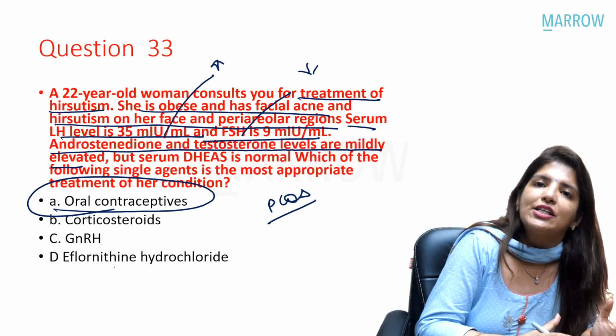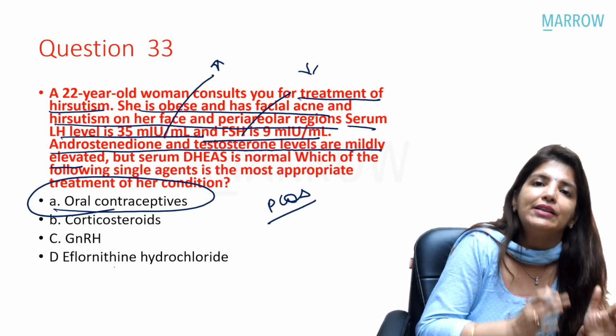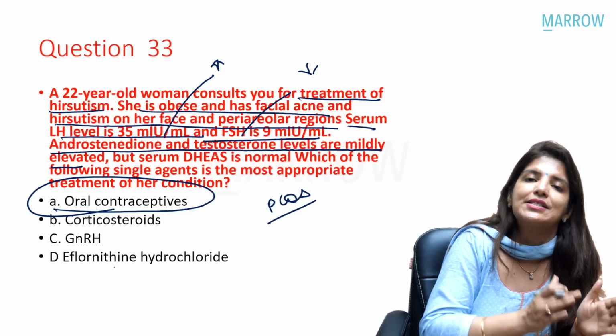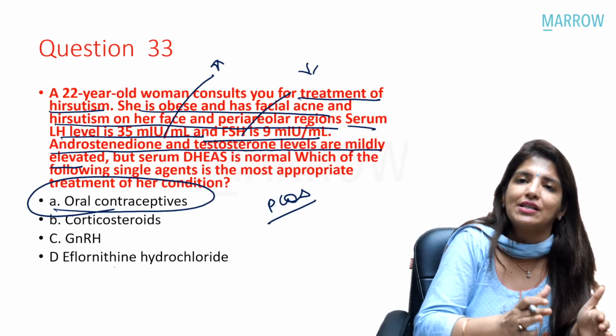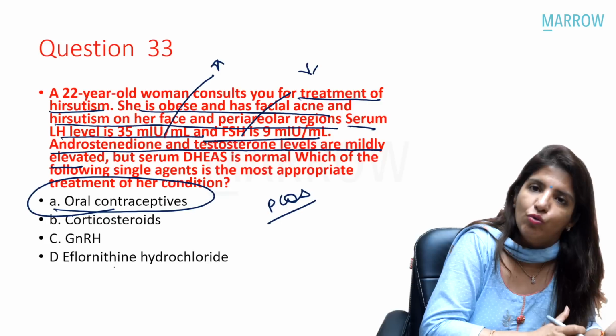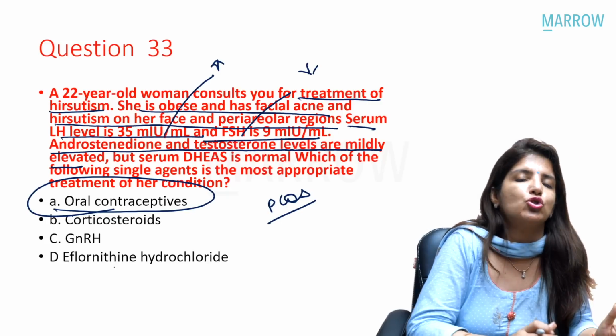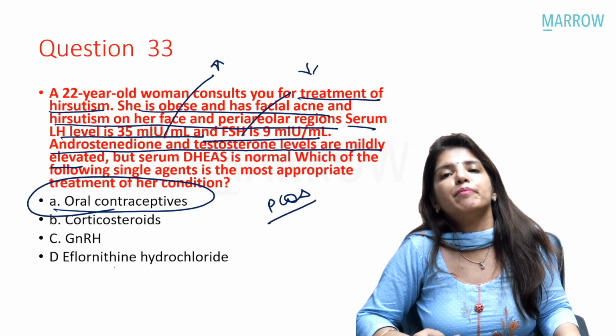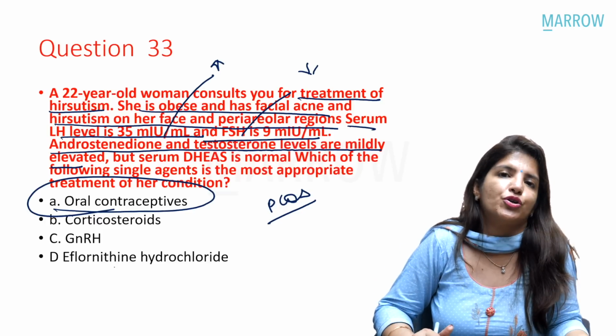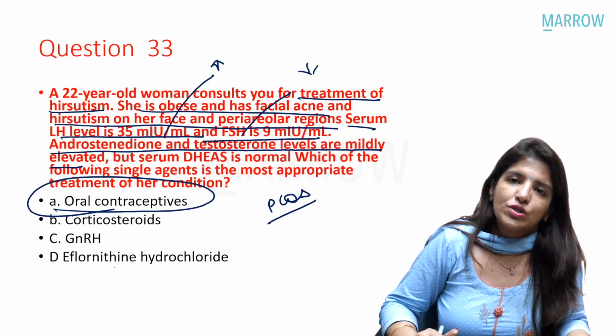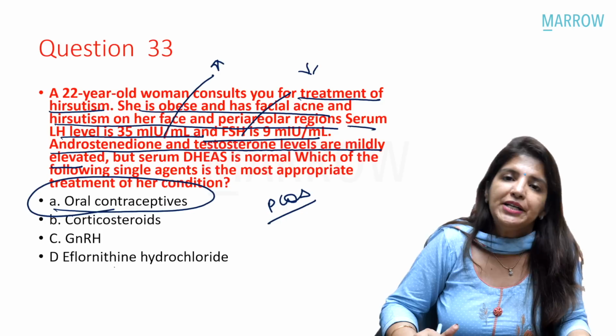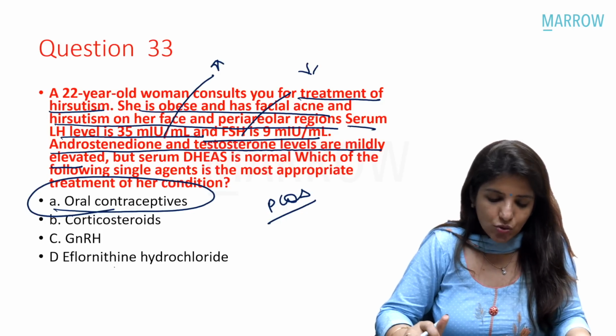So if you are getting virilization in a female, then it is not due to PCOS, it is due to androgen secreting tumors of the ovary, right? But otherwise, the most common cause of hirsutism is PCOS, and the drug of choice for hirsutism always is OCPs, right? Oral combined pills.